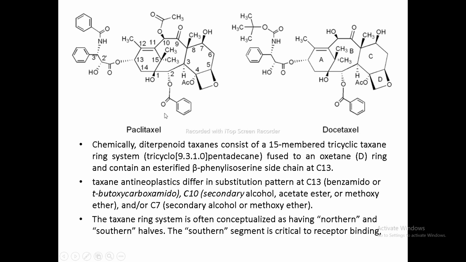So this C2 benzoyl and this C3 benzamido group come close to each other when they bind to the beta tubulin subunit, because they bind in a folded manner.